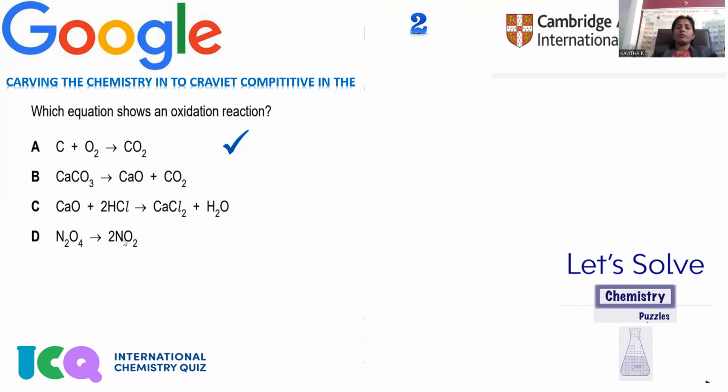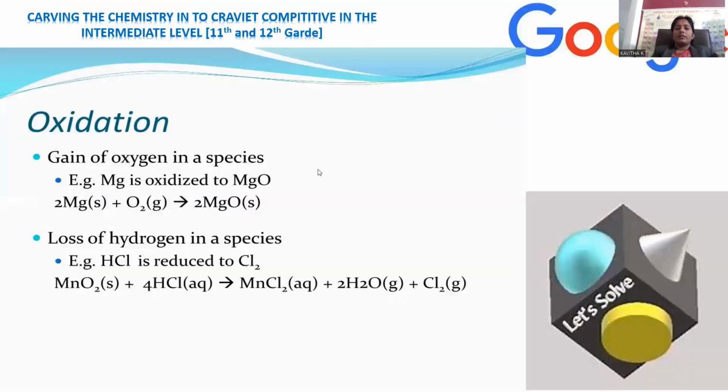Here, N2O4 converted into NO2, so that is also not oxidation. Nowhere can you find an increase in the number of oxygens except in compound number 1. In equation 1, you can see carbon added with oxygen, so that is oxidation. Here the explanation is provided: gain of oxygen is always regarded as oxidation, whether metal or non-metal it might be.